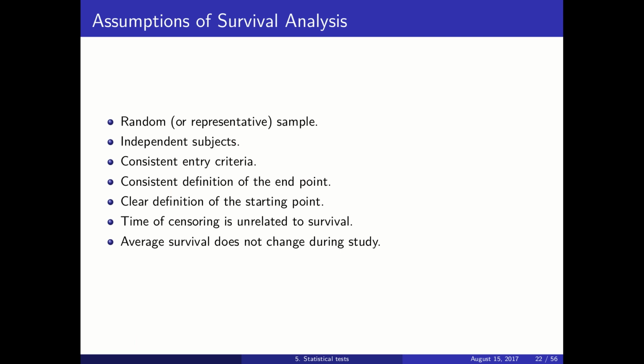When we do an analysis of two survival curves and compare them using some test, we are making some assumptions. The typical ones are that the sample is random, that is, representative of the population to which we want to extrapolate our results later; that we have independent subjects; consistent entry criteria; a consistent definition of the endpoint; a clear definition of the starting point; and that the time of censoring is unrelated to survival.